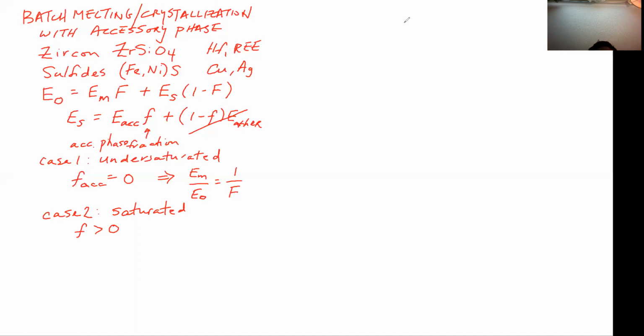For sulfur, we might call that SCSS, sulfur capacity at sulfide saturation, or maybe sulfur concentration at sulfide solubility. Maybe that's the right term. So that would mean that at saturation, that Em is defined to be what I'll call EMS.